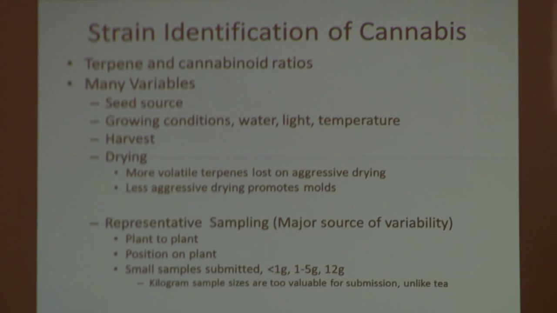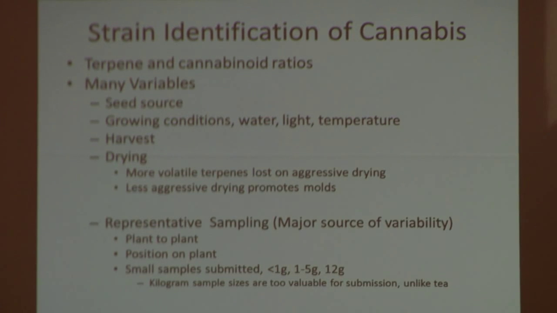If I were to do some of this type of work for the tea industry, I would request 1 kilogram of sample, and I would grind that entire sample so that I could take a small representative sample. But in this industry, that kilogram is too valuable to submit that much.